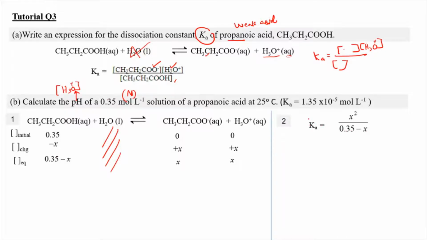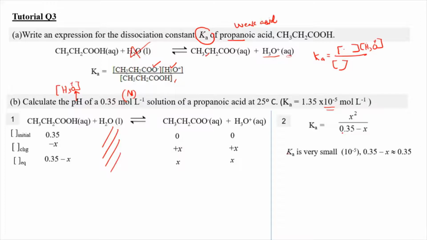And then our Ka value is 1.35 times 10 to the power of negative 5 mole per liter. Okay, and from here you can use the assumption because our Ka value here is very small, which is times 10 to the power of negative 5.